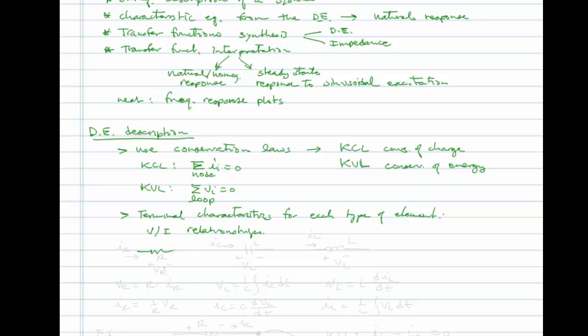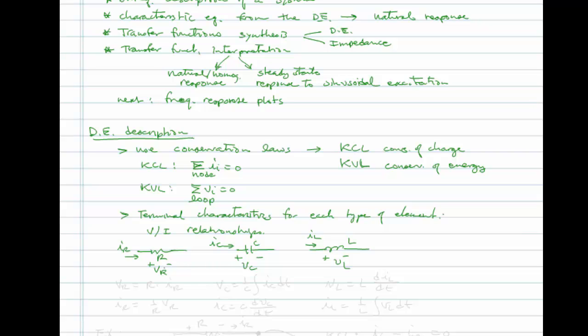And so our basic elements were resistance, and a voltage VR, a current IR. We had a capacitor C with the current IC and a voltage VC. And we had inductors, inductance L, current IL, voltage VL. Notice that I'm using the passive sign convention. The current, positive current, goes into the positive node.